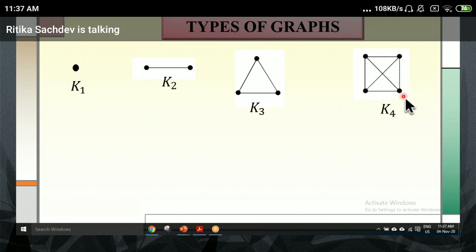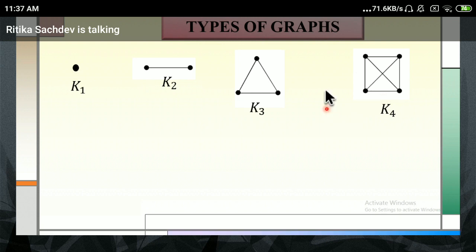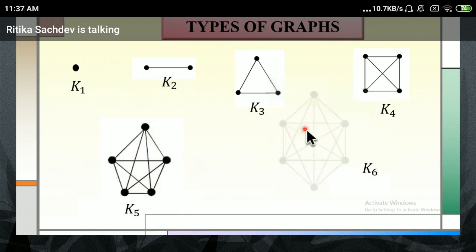If you take this, it should be connected to the remaining 3, and so on. And what will be the total number of edges? It will be 4C2, which means 4 into 3 upon 2. 4 into 3 upon 2 is 12 upon 2, which is 6. And I can see there are 6 edges in this.